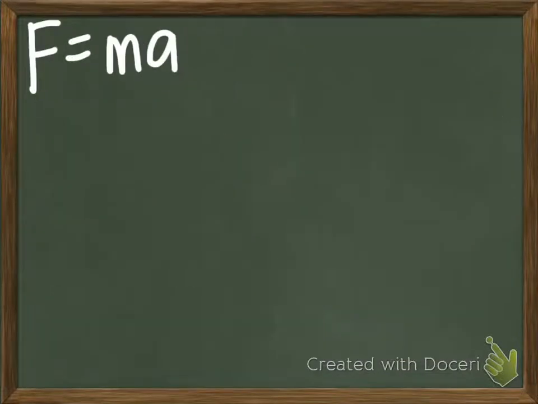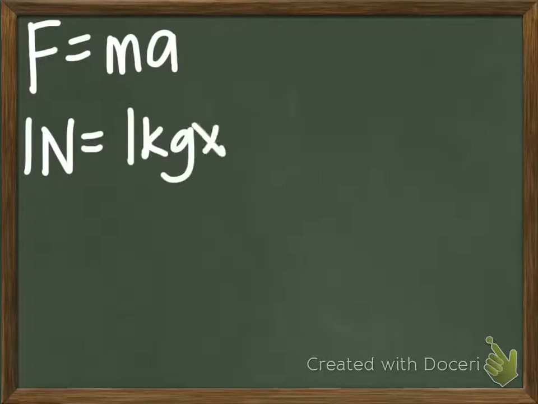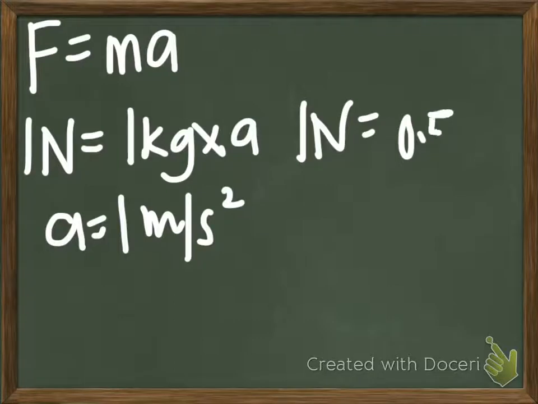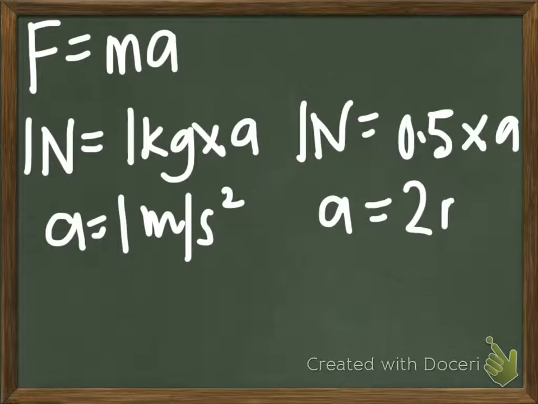On the other hand, when I'm looking at mass, if I keep the force constant at 1 newton, and I have 1 kilo mass, and I want to work out what the acceleration will be, my acceleration will be 1 meter per second squared. If I halve this mass, so 1 newton equals 0.5 kilograms times A, my A actually doubles, because 1 divided by 0.5 is 2.